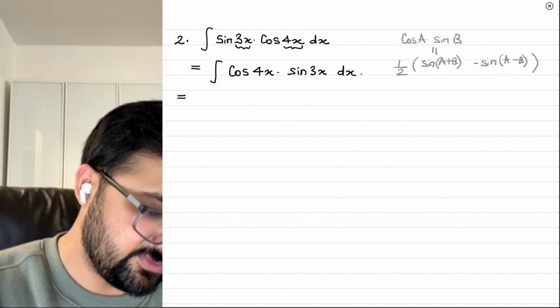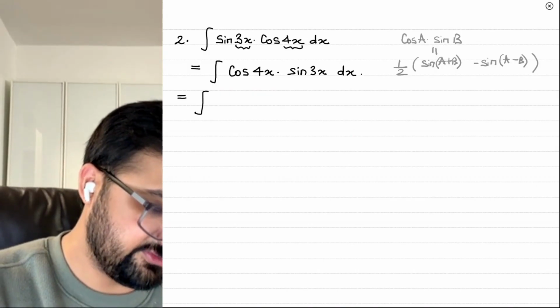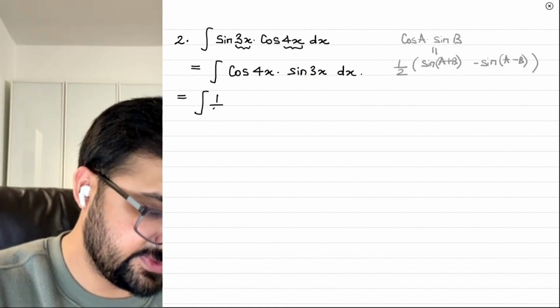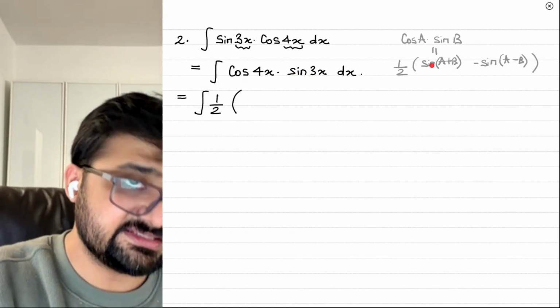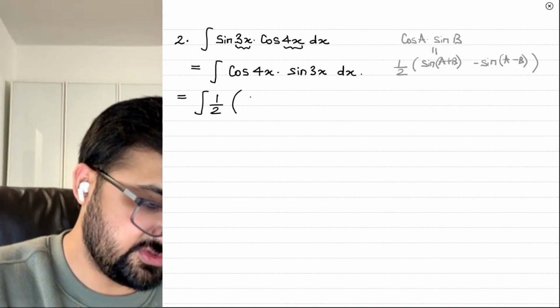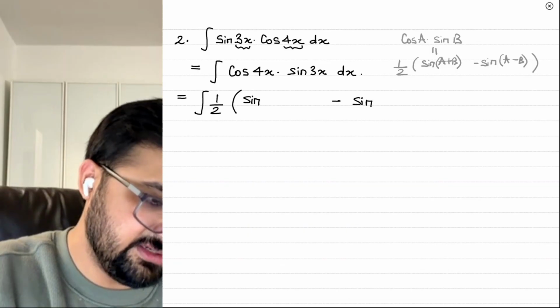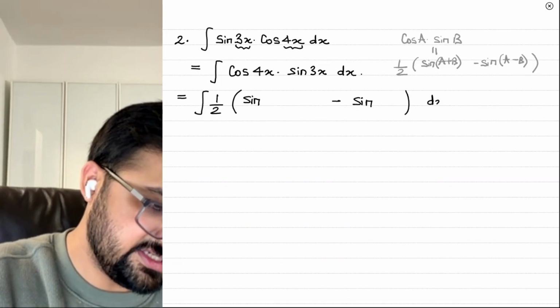If you apply that formula here, you get the integral of cos 4x sine 3x. The formula starts with half. It's sine minus sine, so you write sine minus sine, close the bracket, and dx.